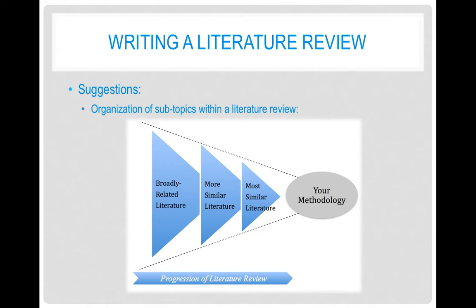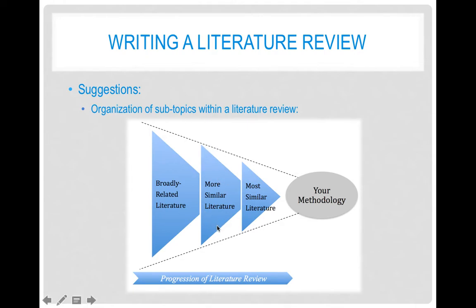So here is a suggestion on how you can organize your subtopics within a literature review. The first one, you start with broadly related literature. For example, in my study about international students, I will talk more about who international students are, what they are doing, and how the government perceives international student enrollment at their university.